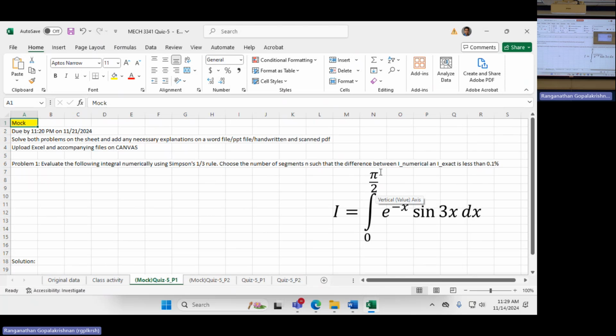Before you start, you need to know what I exact is. You need to evaluate this thing analytically and keep the answer ready, which we will do. But since we are here, let's start with the implementation of Simpson's rule. So what is Simpson's rule? Do you recall?